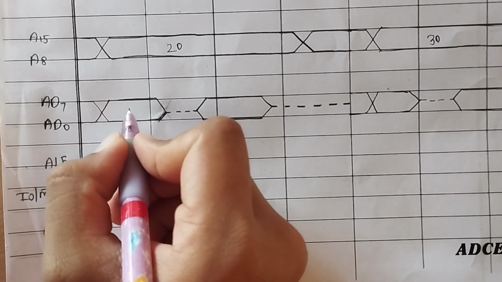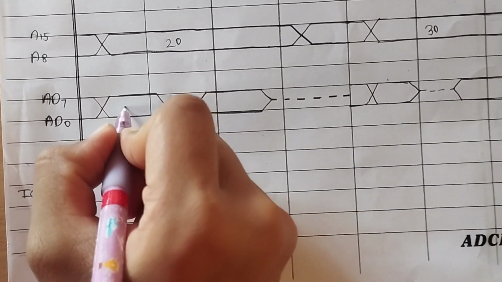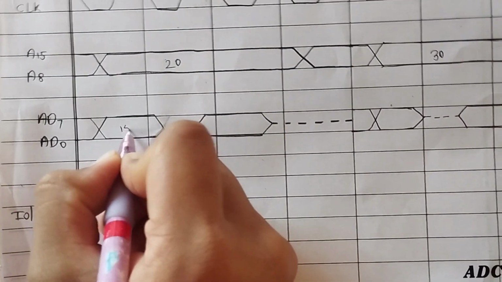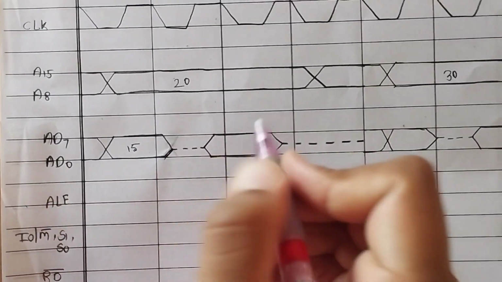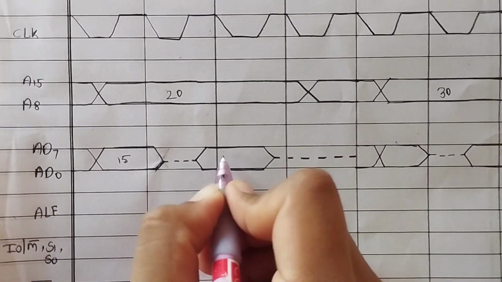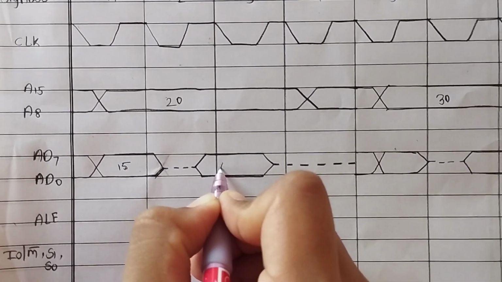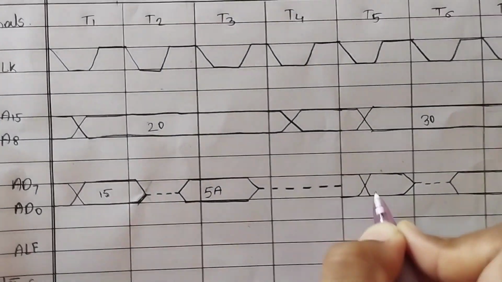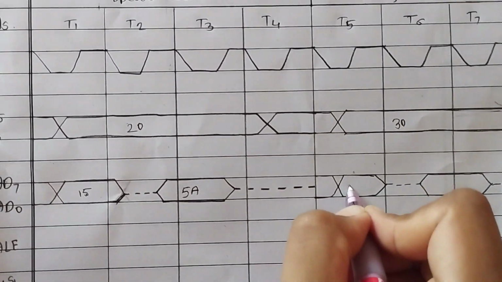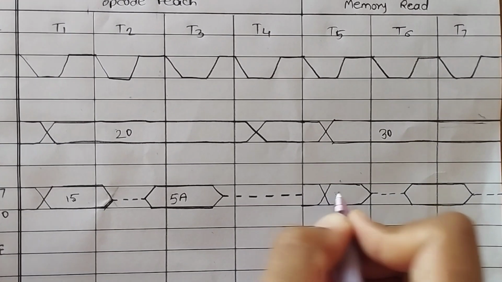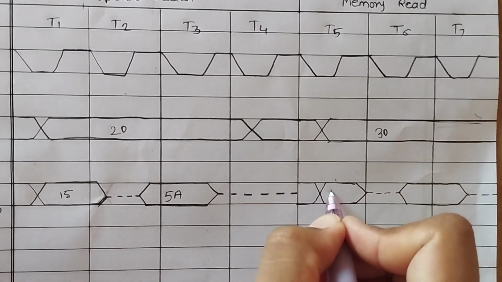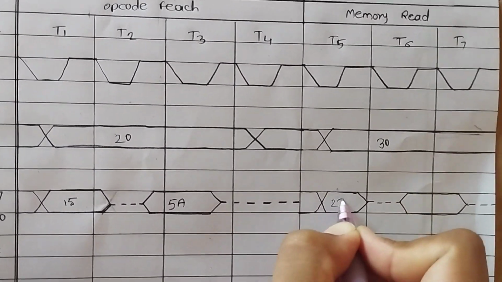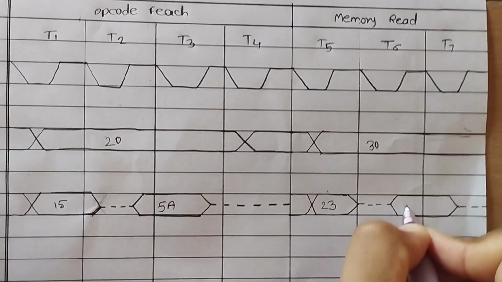Then here we write the least significant address, which is 15, and the data, meaning our opcode, which is 5A. Then again we write the least significant address byte of the next address, which is 23, and the data is 50.